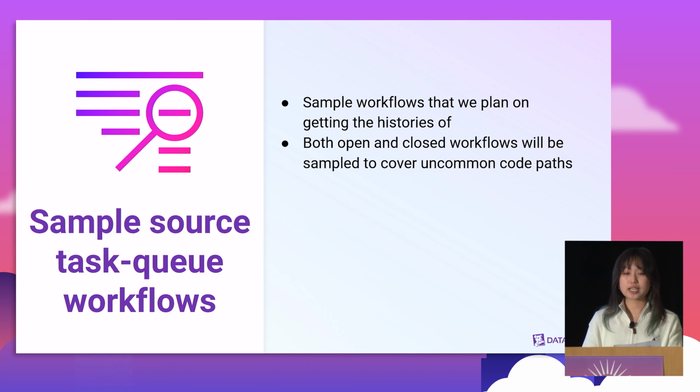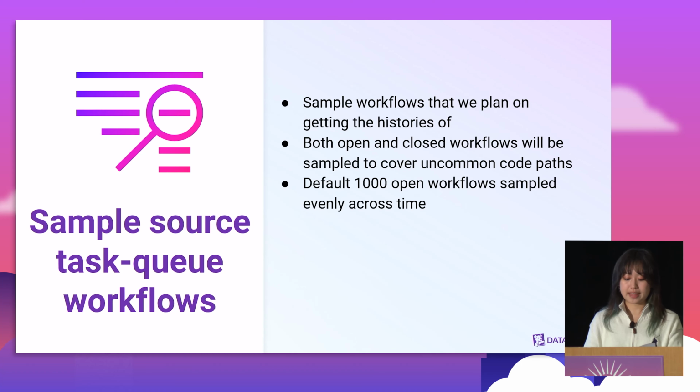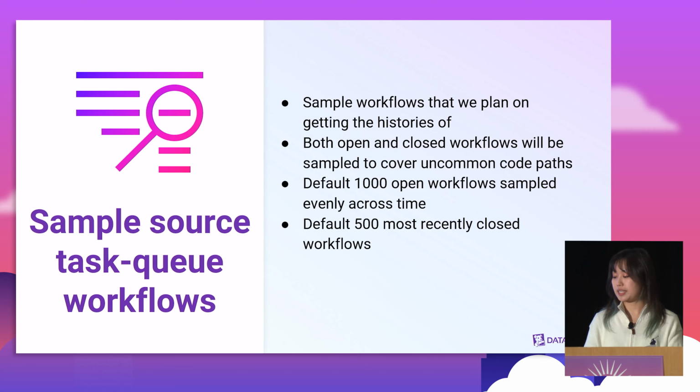Open workflows cover paths that are currently being executed, while closed workflows cover recent workflow code that was hit but might not be currently running at the time of the check. So even though closed workflows might not be currently running, they still represent code paths that could be hit and might be hit again. So we do want to check for them as well. By default, we sample 1,000 open workflows evenly across time and 500 of the most recently closed workflows.